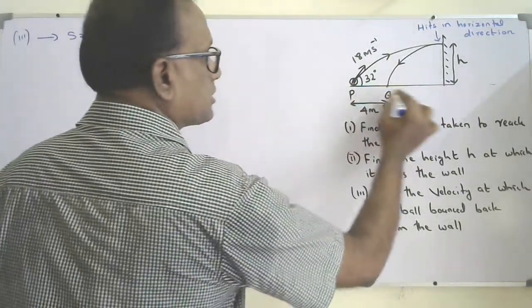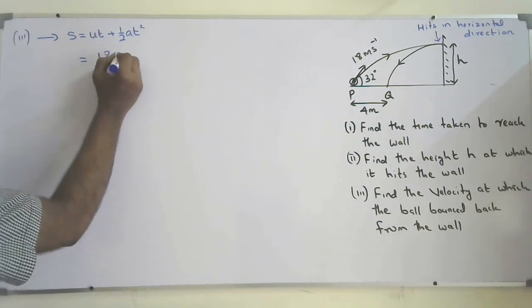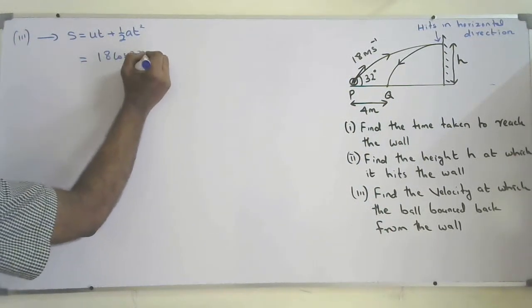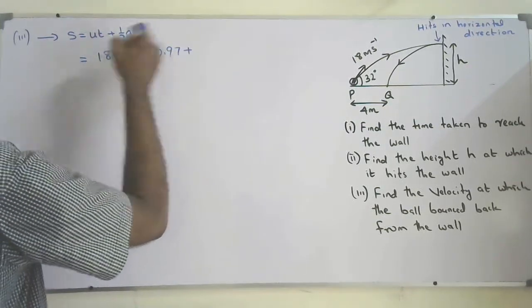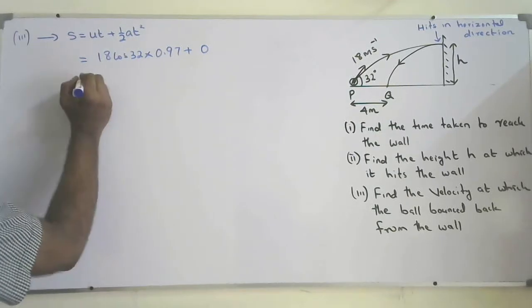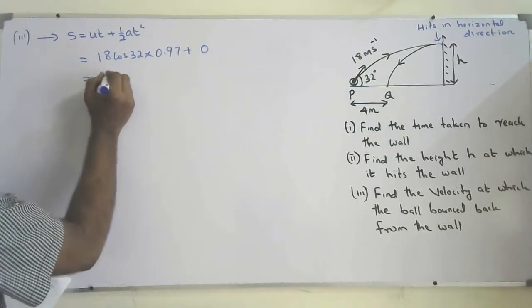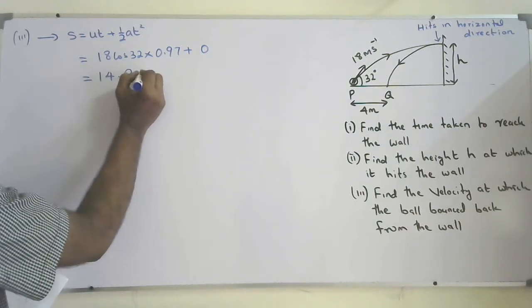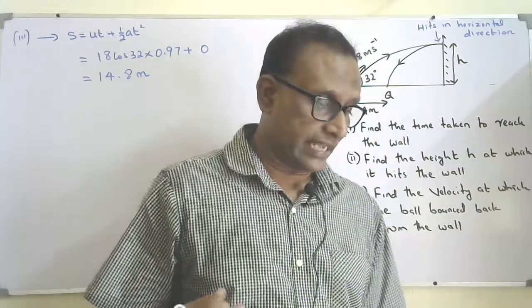So I will find the horizontal distance. So that I can find it like 18 cos 32 into the time we found it 0.97 plus acceleration is 0 horizontally. So the distance will be 14.8 meters. Okay, so the distance of the wall from point P is 14.8 meters.